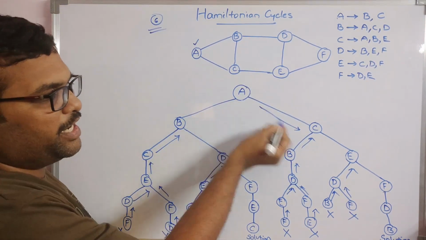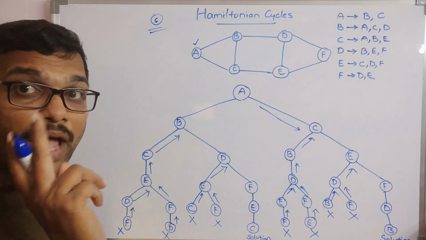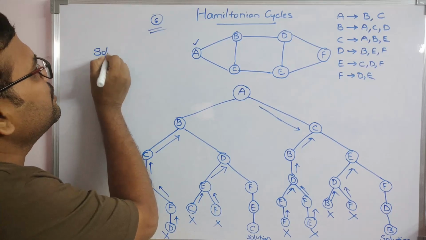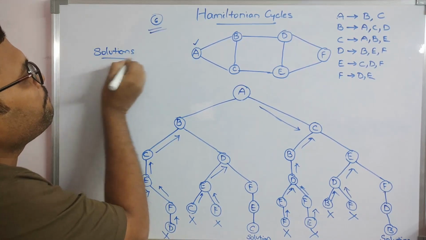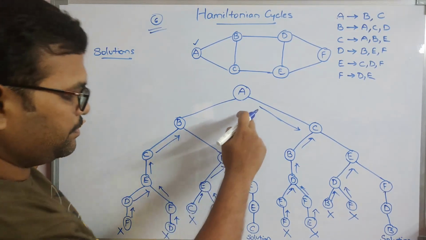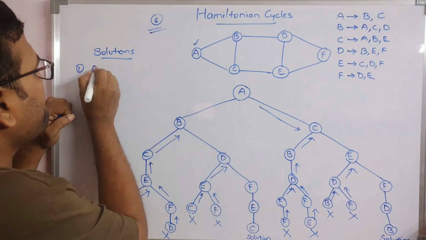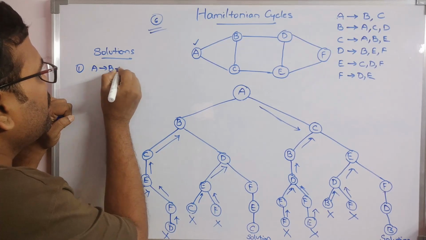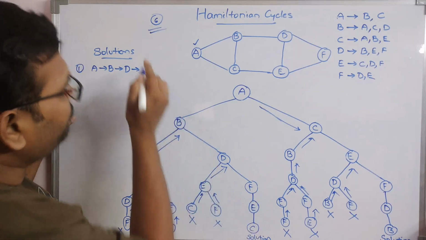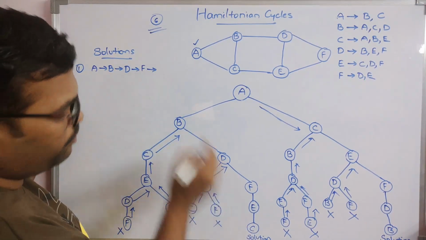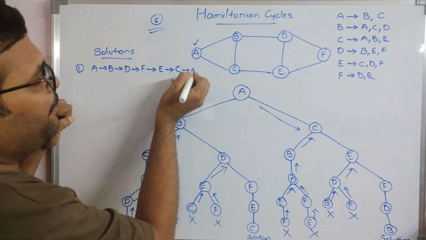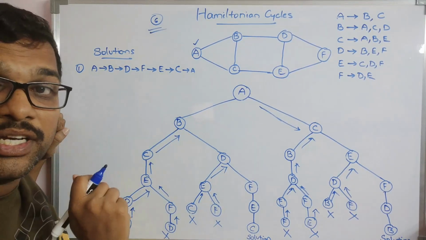So all the possibilities we have compared and we got two Hamiltonian cycles for this particular graph. I'll write here the solutions. See, Hamiltonian solutions. The first solution is A to B, towards D, towards F, towards E and C and A. So this is one Hamiltonian cycle.